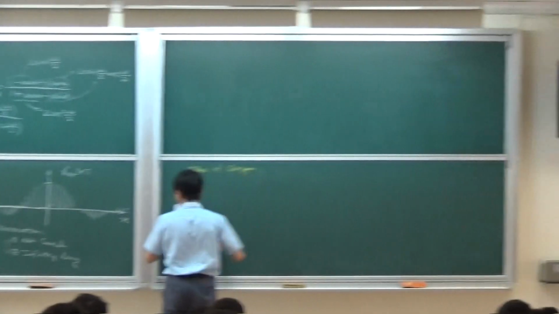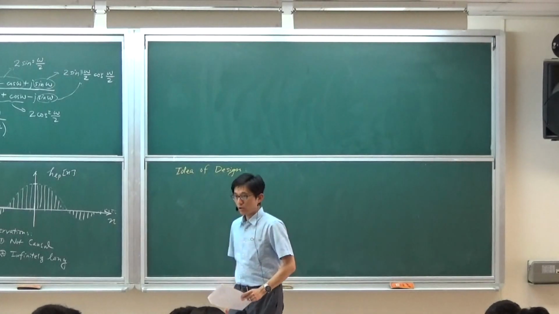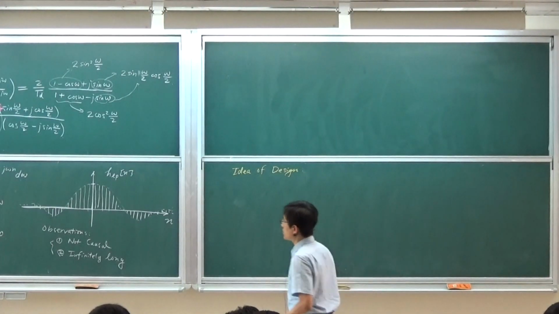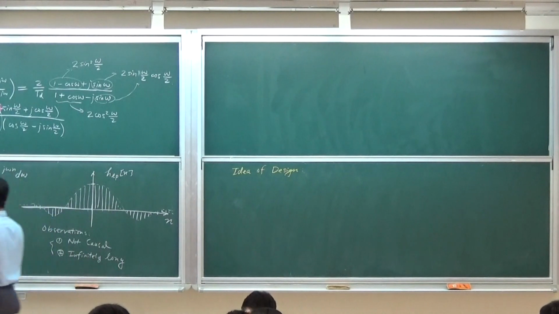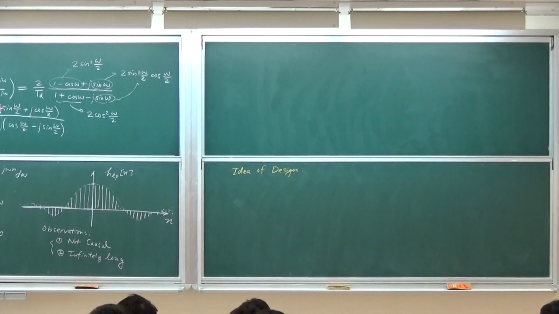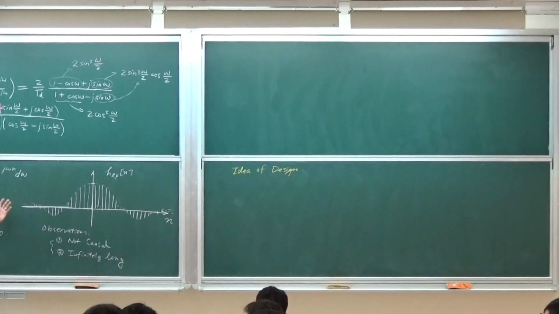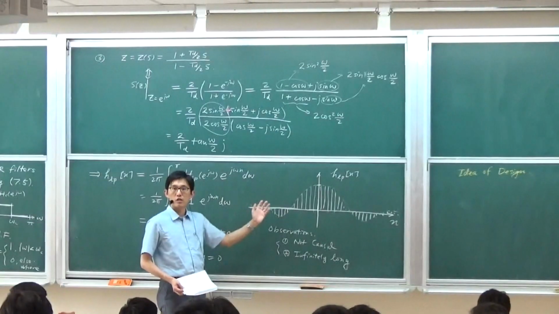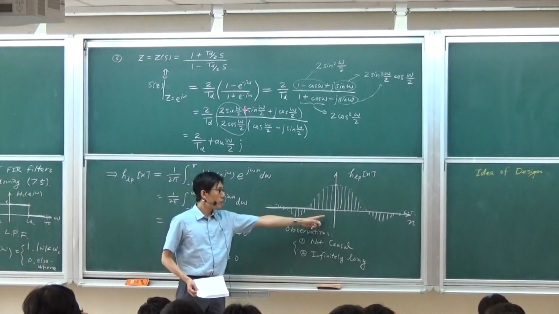The idea now of our design is, okay, so we look at this sinc function. By the way, this is the sinc function with the factor omega c inside the sine part. If we look at this sinc function, let's claim that maybe most of the energy is concentrated in the middle, near n equals 0.